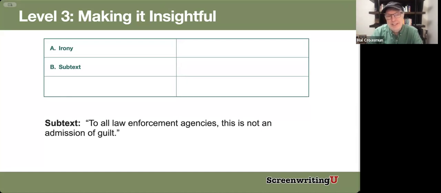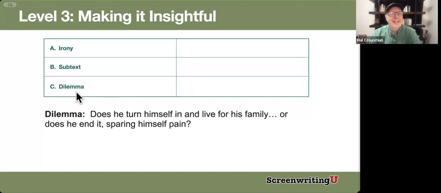And so he's at the scene of the crime. He's got dead bodies there. He put himself there. It is an admission. It would be used in court. Then there's this dilemma. Does he turn himself in and live for his family, or does he end it, sparing himself the pain?